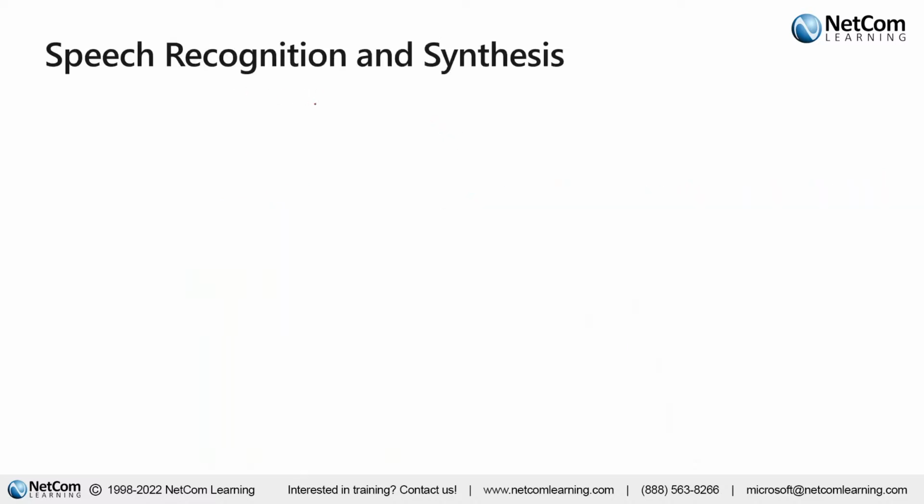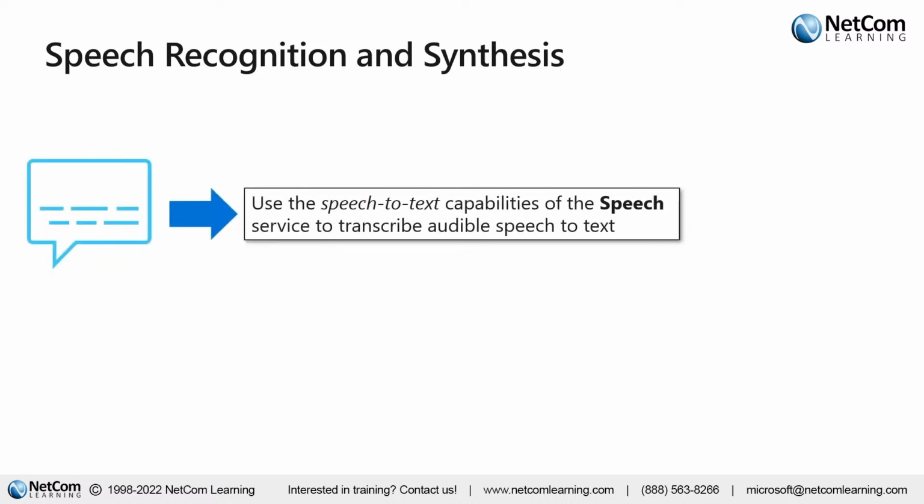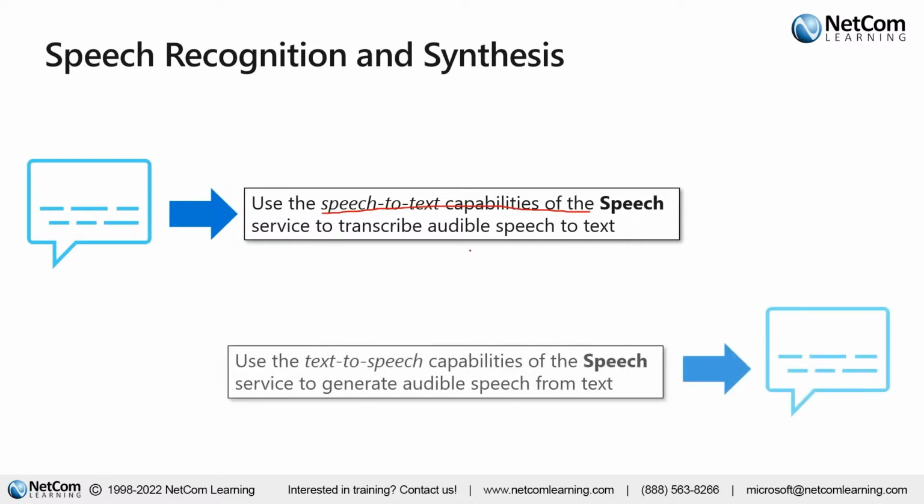Then if you are looking at a speech recognition and synthesis model, what this can do is use the speech to text capabilities, and then also use text to speech, so that you get a reply.